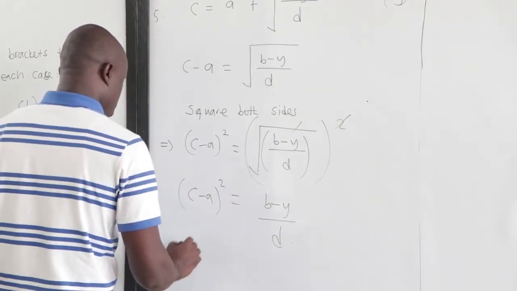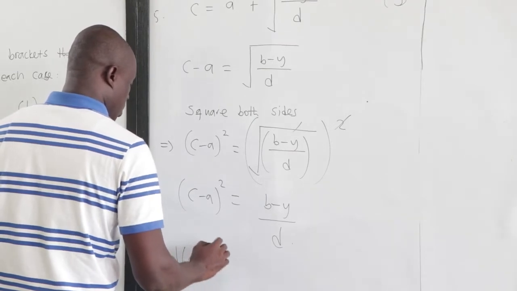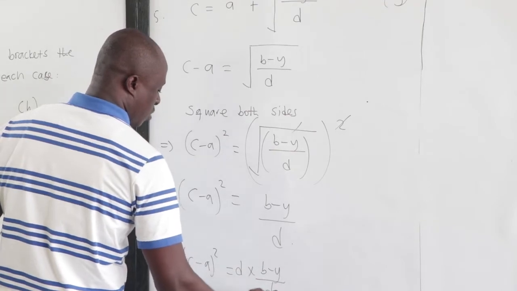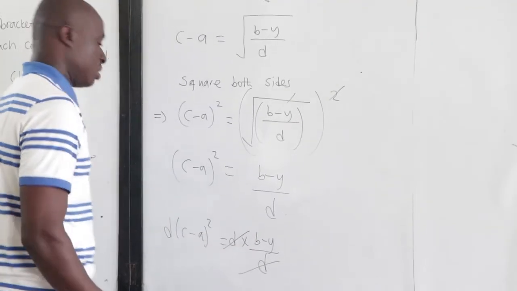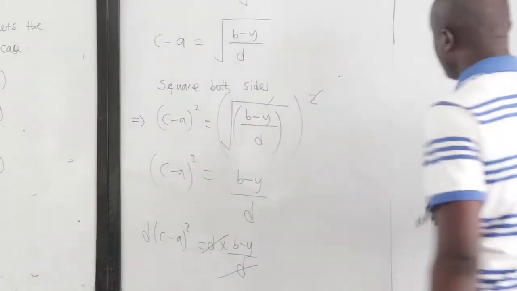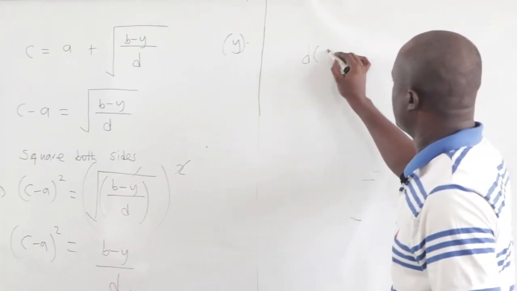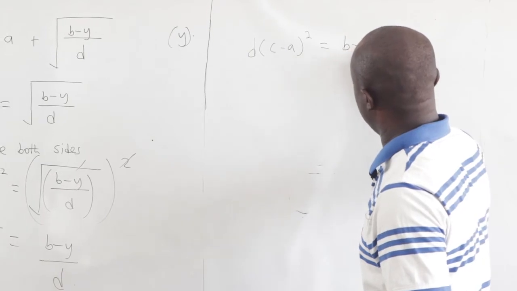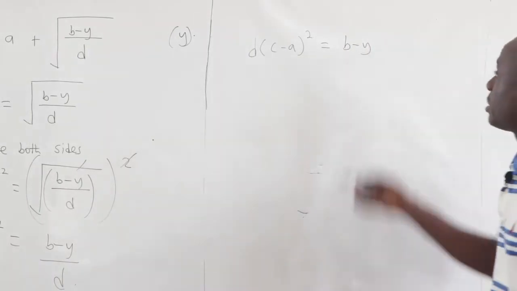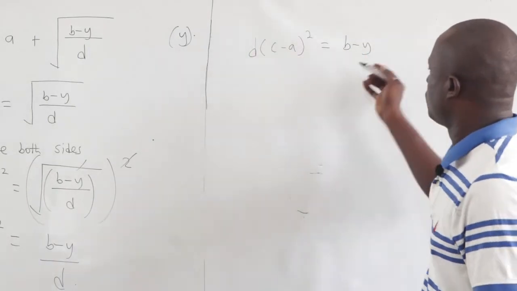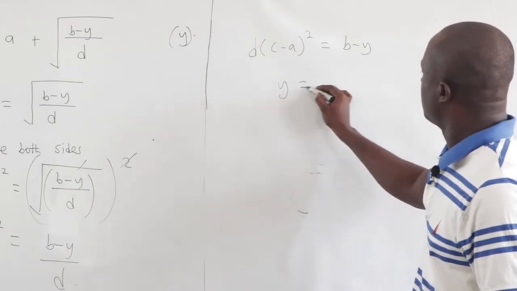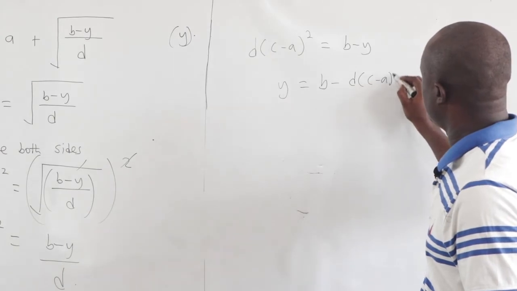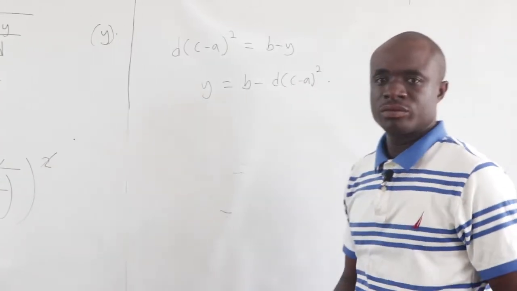So we have d times c minus a squared equal to d times b minus y all over d. This is cancelling out that. So what do you have? We have d times c minus a squared equal to b minus y. We want to make y the subject. This y should move here, this should move there. So you have y equal to b minus d times c minus a squared.